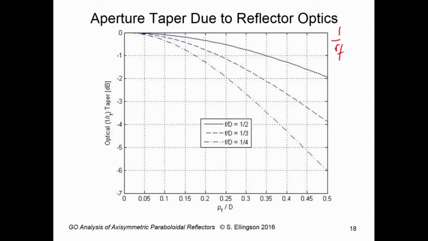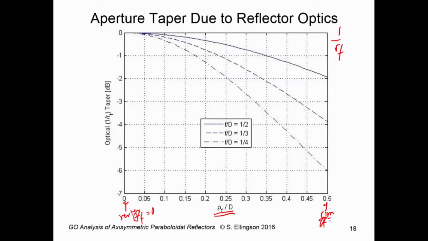So what I'm showing here is the distance rho sub f relative to the diameter of the dish. So this is at the vertex. This corresponds to the rim, and then I'm showing various points of reflection in between. So theta sub f equals 0 would be another way to think about this.